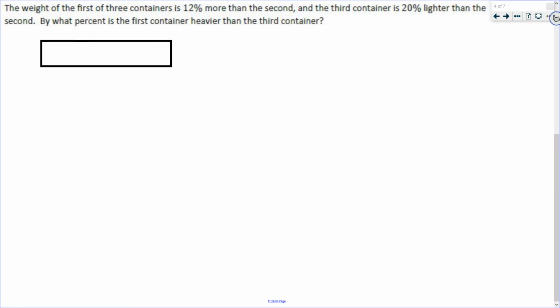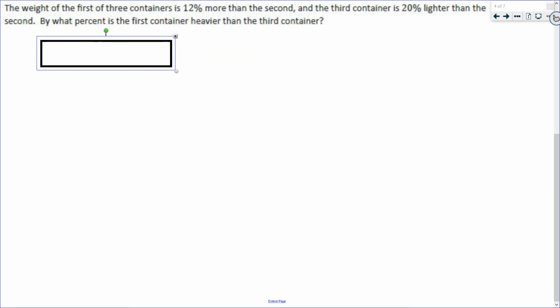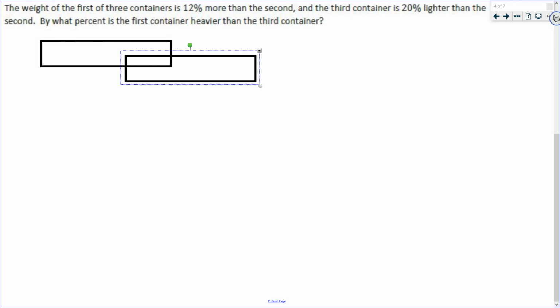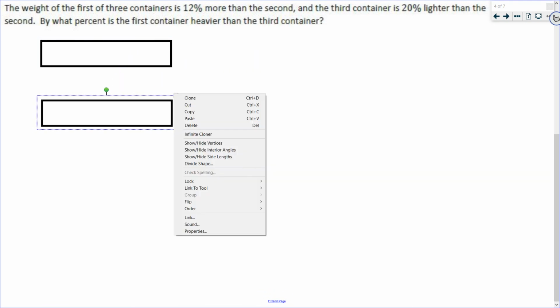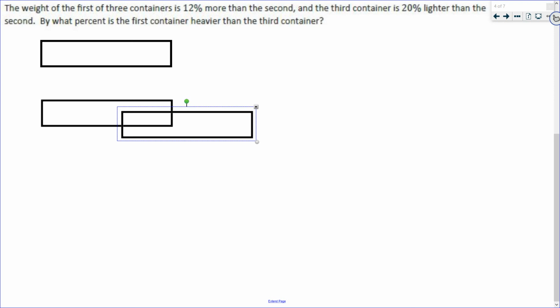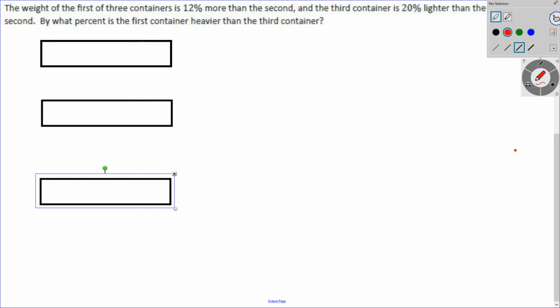So we're going to take that and copy it. Copy, paste. There's our second container. Let's copy and paste again. And there's our third container. So we have 3 containers. Now I think we should go with blue this time.